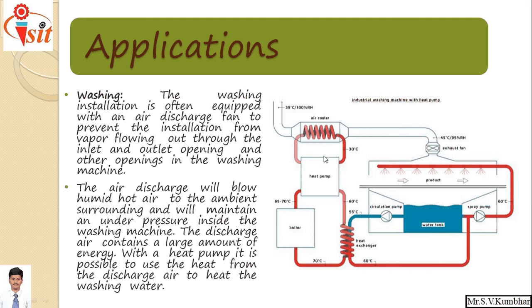Hot water which is produced with the help of the heat pump can be directly circulated to the water tank, and this hot water is used for washing purposes. The air discharge will blow humid hot air to the ambient surroundings and will maintain an under pressure inside the washing machine. The discharge air contains a large amount of energy, which is recovered with the heat pump.